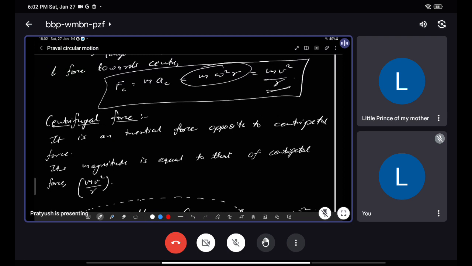Inertial force will act everywhere whenever there is acceleration. Like when a car is taking a turn, we lean in the right direction. When a plane is taking off, we lean in the backward direction. When brakes are suddenly applied in a bus, our body leans in the forward direction. That is again inertial force. Okay.